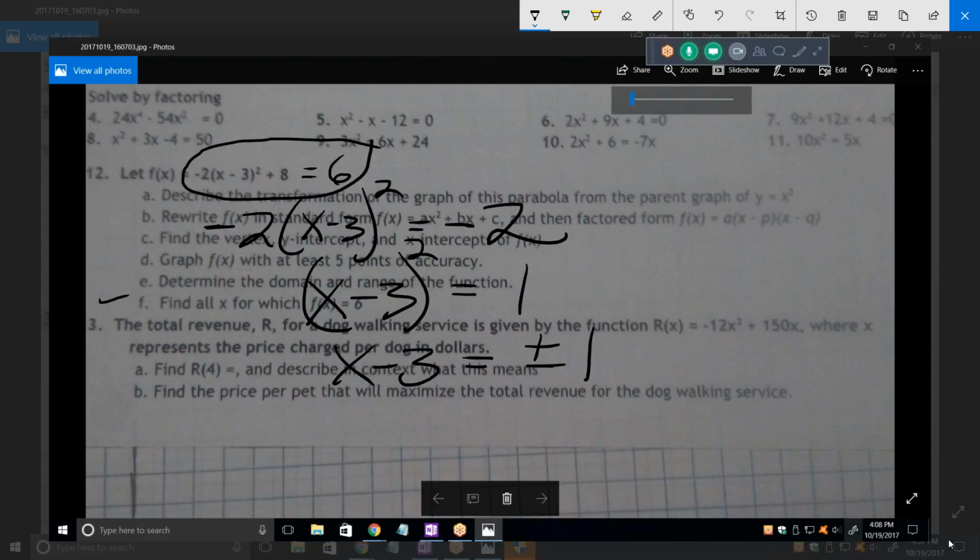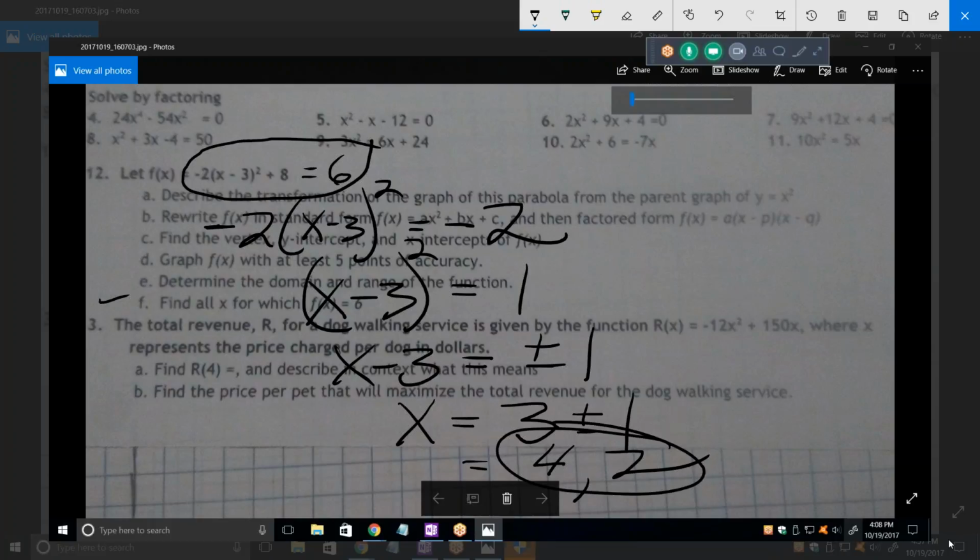Now, what's the total answer? x equals 3 plus or minus 1. What two answers does that give you? 3 plus 1 and 3 minus 1. So 3 plus 1 is 4, 3 minus 1 is 2.